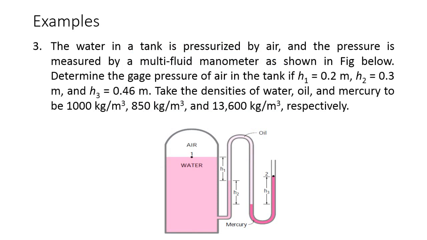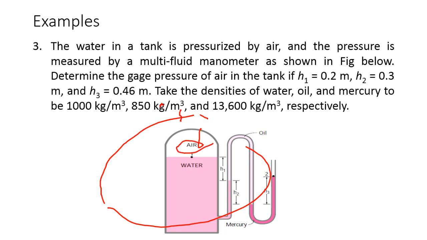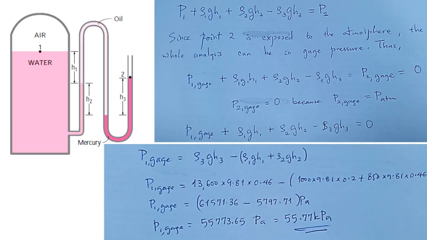So you can see the arrangement of the tank you have. So you have air in the upper part of the tank, and you have water, and you have the multi-fluid manometer on one side. I hope this is visible.